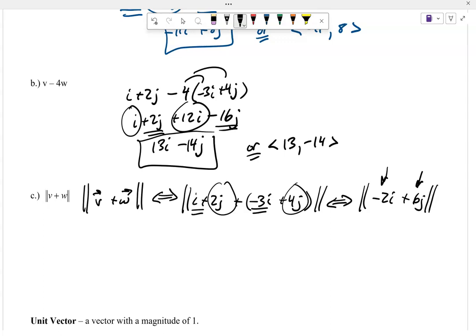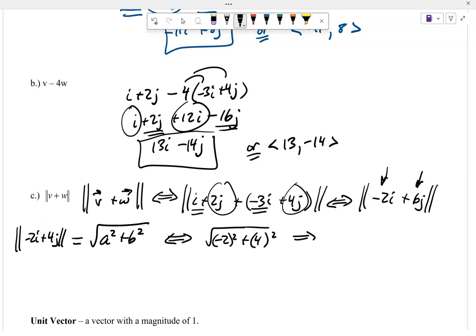And so when I'm finding my magnitude, the magnitude of this is the square root of a squared plus b squared. So negative 2 squared is 4, and 4 plus 16, I got square root of 20. Well, oh gosh, I just realized that is a 6 right there.